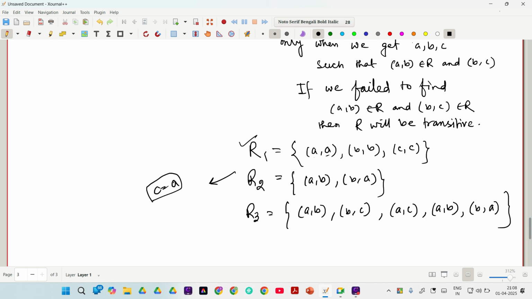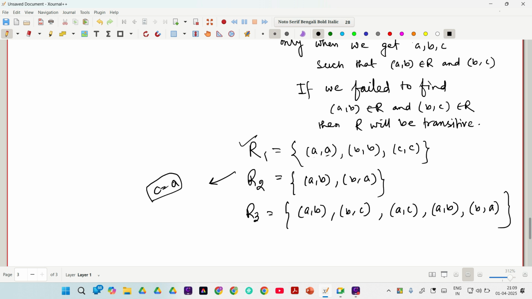Hello, tell me, R2 is transitive or not? So it's transitive. Why? So, because C is considered A, so it is satisfying the condition.